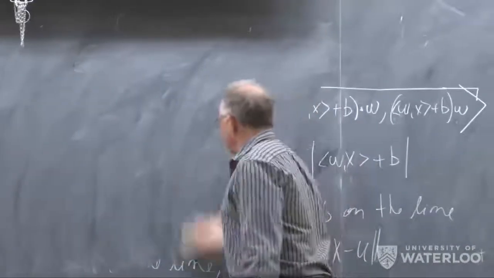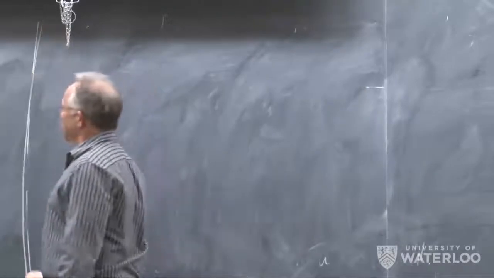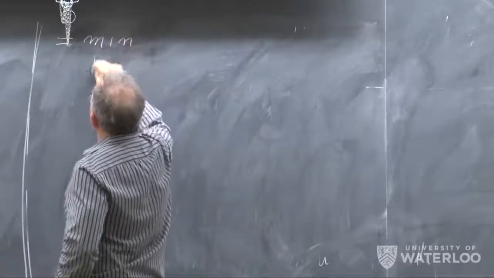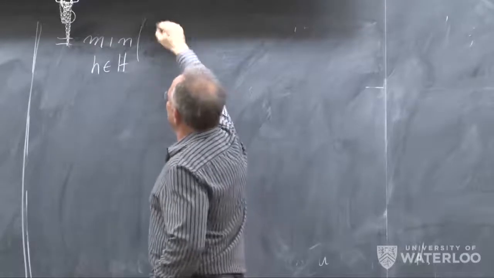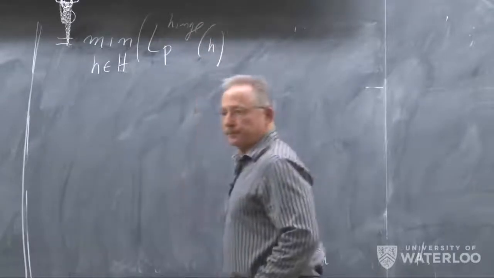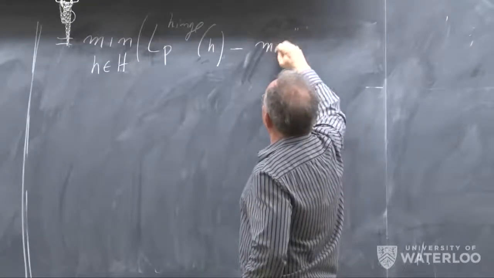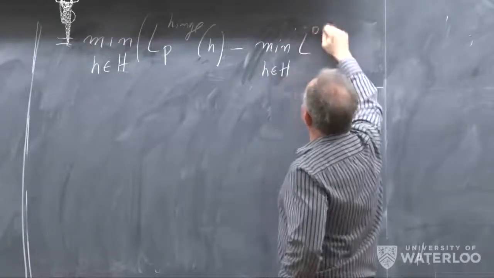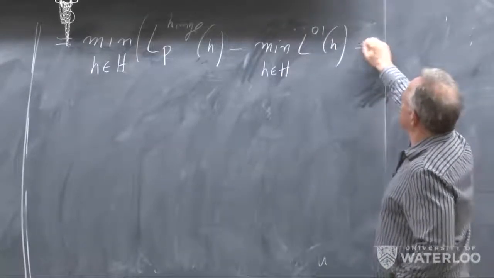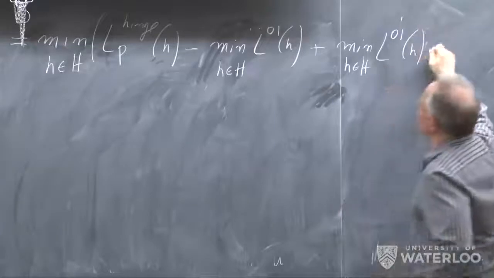So I can rewrite it, just change it a little bit, and rewrite it as: this in itself is equal to the minimum over all H's in my class, which are all half spaces, of L_P hinge of H, minus the minimum over all H in the class of L01 of H, plus the minimum over all H in the class of L01 of H, plus epsilon.